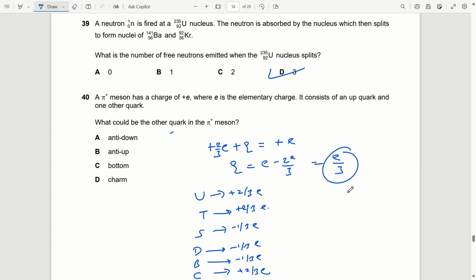Now, E by 3 means for charm it is plus 2 by 3, so this is not an option. For bottom minus 1 by 3, this is not an option. Now anti up, for up it is 2 by 3, for anti up it will be minus 2 by 3, so it will not be an option. Only option left is anti down. For down minus 1 by 3, for anti down it will be E by 3. So option A is the correct.